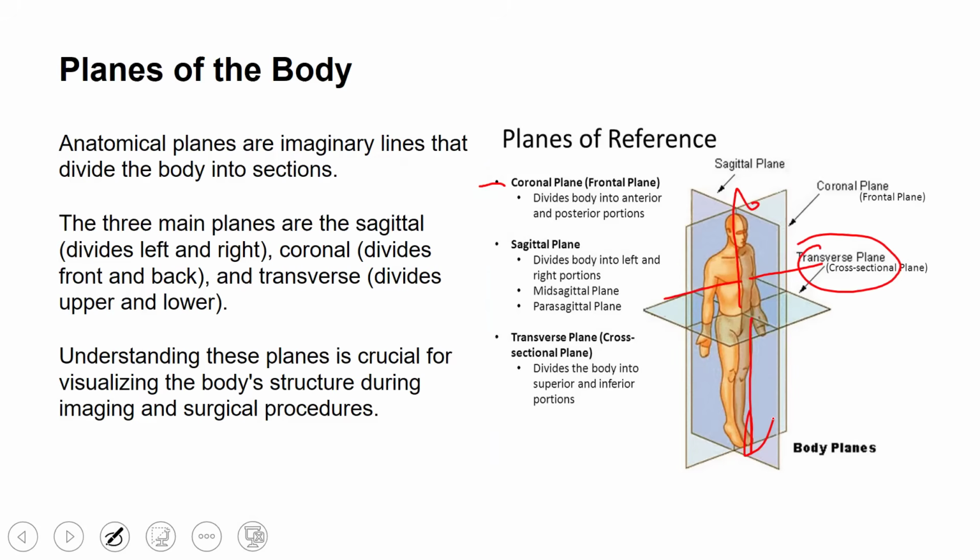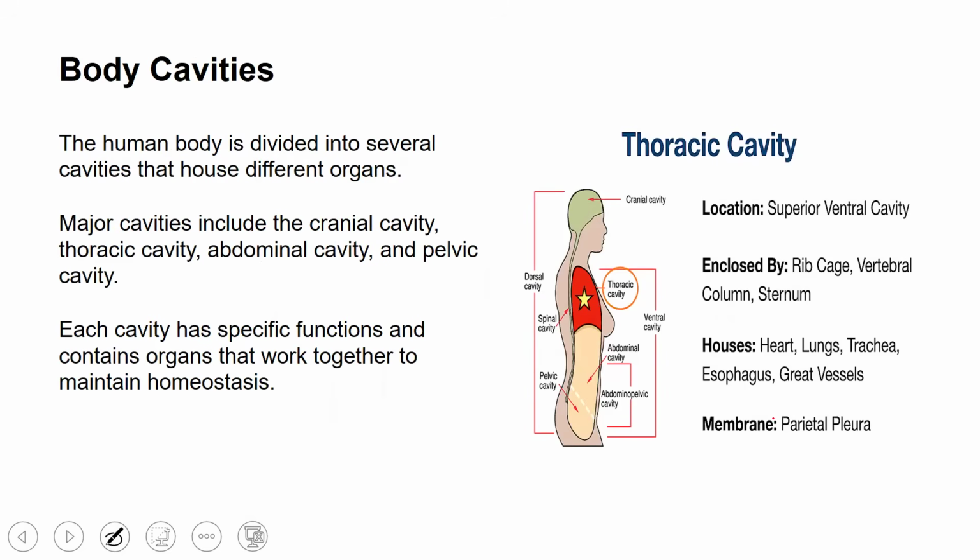And then the next one is sagittal. Sagittal divides the body into left and right. And then we have transverse, which divides the body into upper and lower. Understanding these planes is crucial for visualizing the body structure during imaging and surgical procedures.